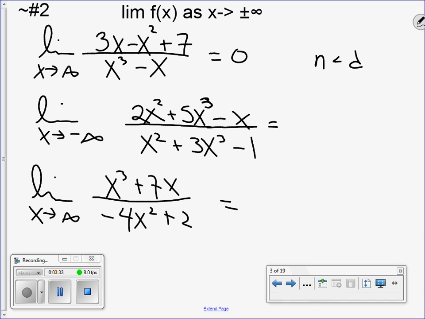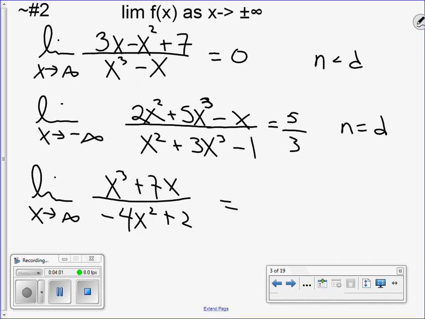But if the degree in the numerator is less, the answer is always 0. If the degrees are the same, if the degree of the numerator equals the degree of the denominator, then it's always the ratio of the leading coefficients. I put them out of order. Leading means the coefficient of the highest power term. So this one would be 5/3. And it doesn't matter whether we're talking positive or negative infinity.